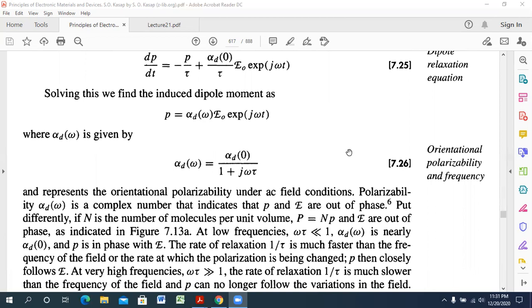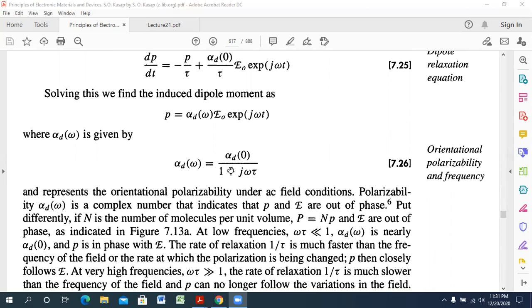After that, if we decrease the frequency, that means if we decrease the omega value, then we can say that alpha d omega equals to alpha d 0. That means for the low frequency, this alpha d omega should be equals to alpha d 0.